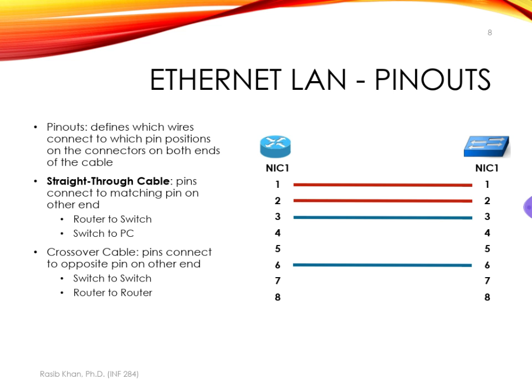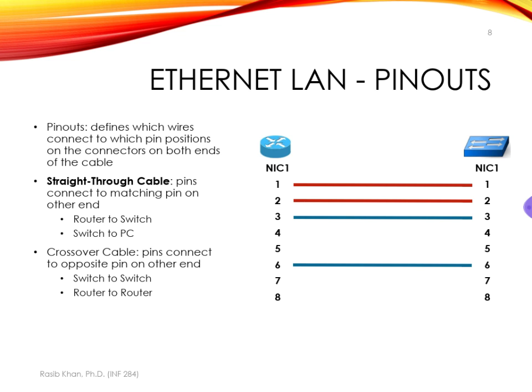So for Ethernet LANs, the cables that we use are connected through jacks which have 8 ports, and the cables are twisted pair cables, if you remember from one of the previous lectures. So there are 4 pairs of cables, which means there are 8 cables running between 2 devices.